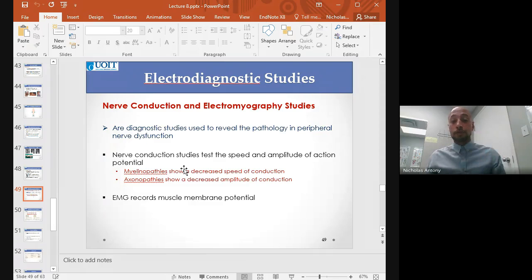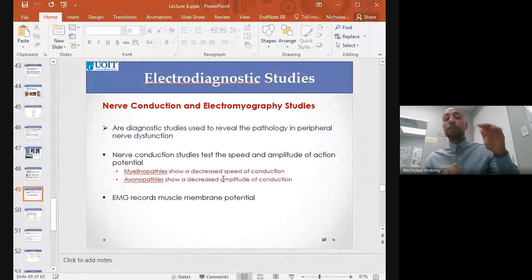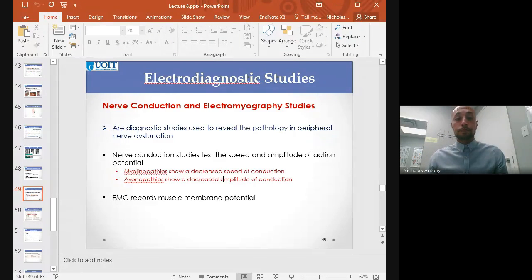Remember how with myelinopathies, myelin allows for the nerve to speed up. So if you have a myelinopathy, you're going to see a reduction in the speed of the electrical conduction. Whereas if you have an axonopathy, remember axons are being crushed, so some of the axons are gone, you're going to have a decrease in the amplitude of the electricity.